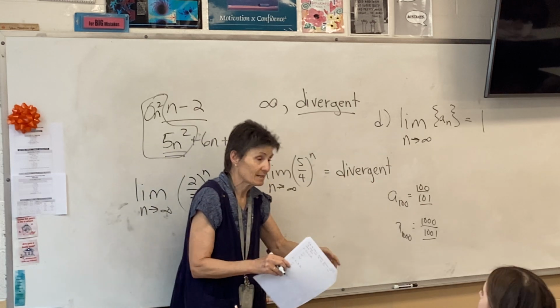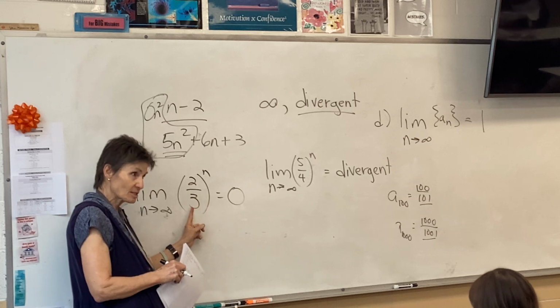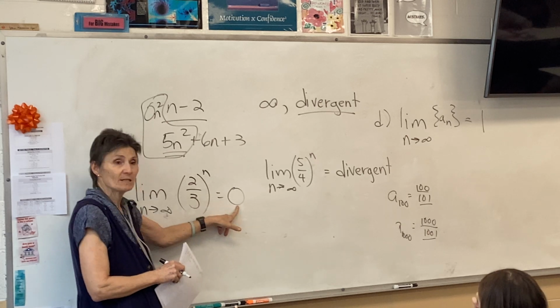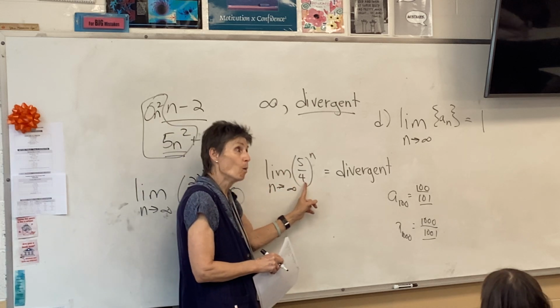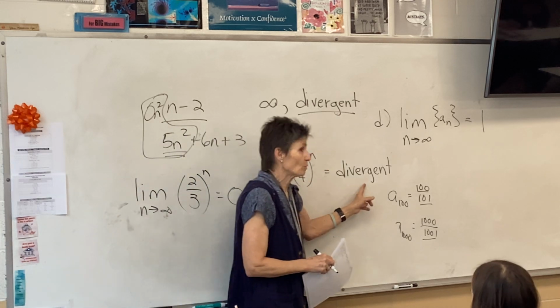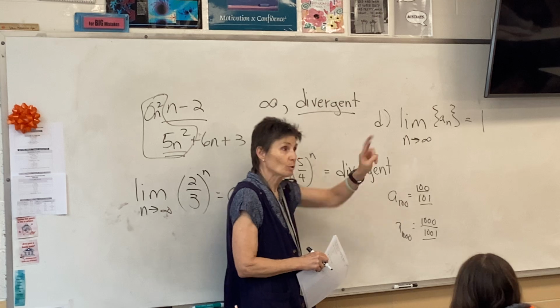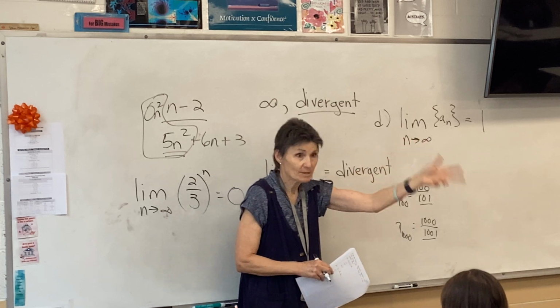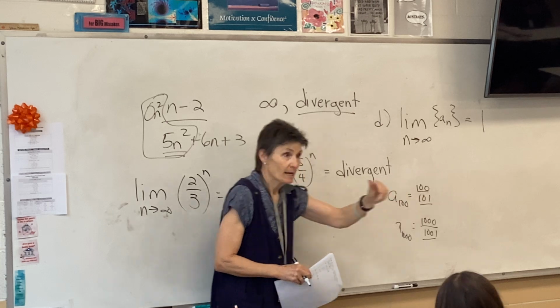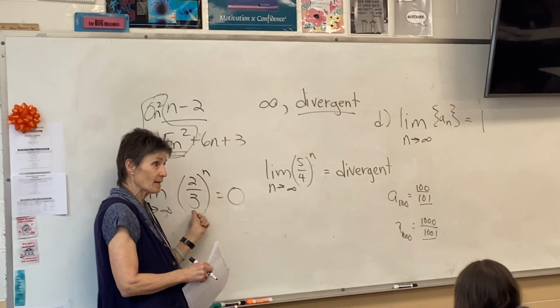What is the key? If that guy is less than 1, your limit is going to be 0. If that guy is more than 1, you aren't going to have a limit. Those are your only two options. It's either 0 or it's no limit. And again, the key is that guy right there.